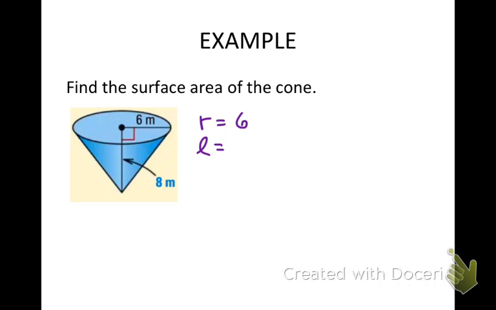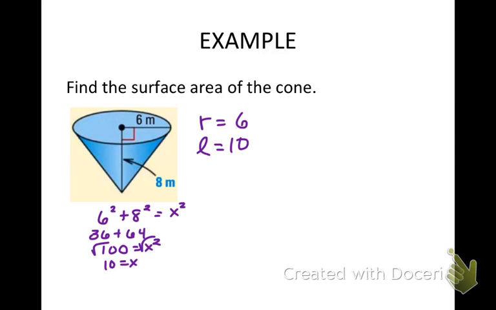So to find the slant height, we have to do a Pythagorean theorem. So 6 squared plus 8 squared equals x squared. 36 plus 64 is 100. So what's my slant height going to be? 10, good. So 10 is equal to x, so my slant height is 10.